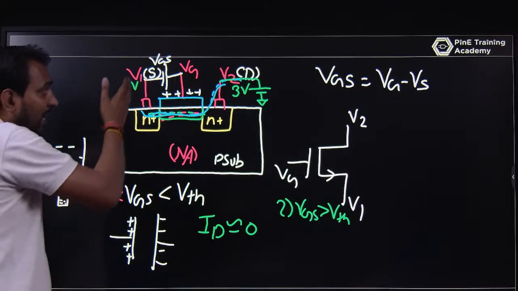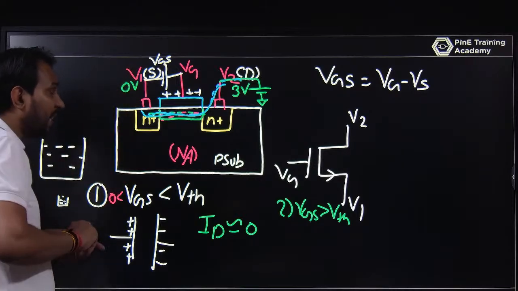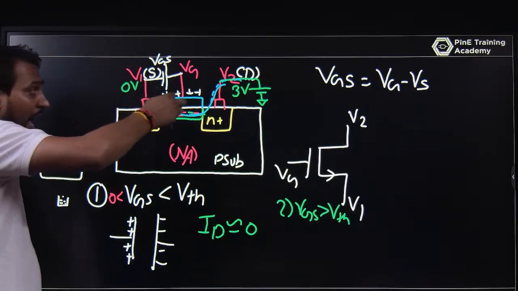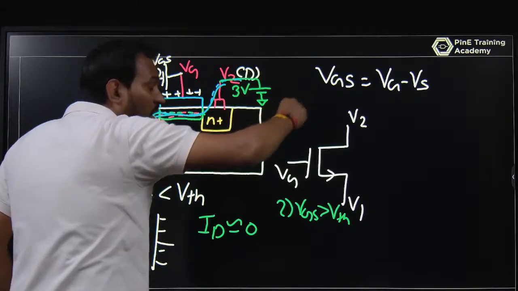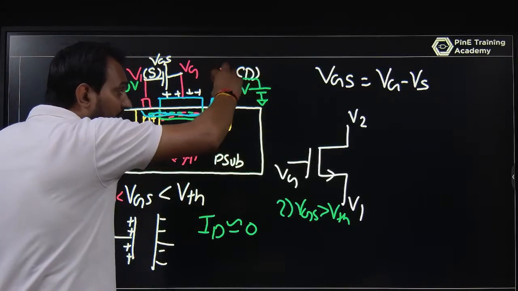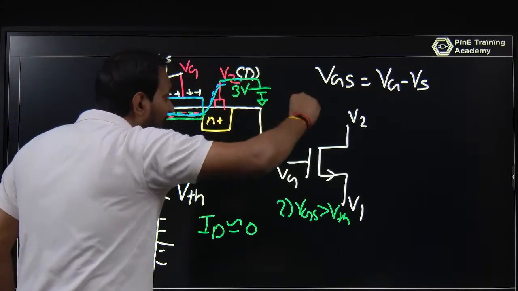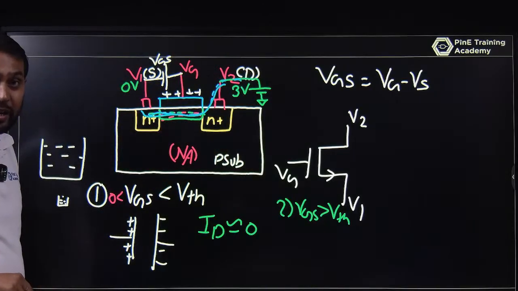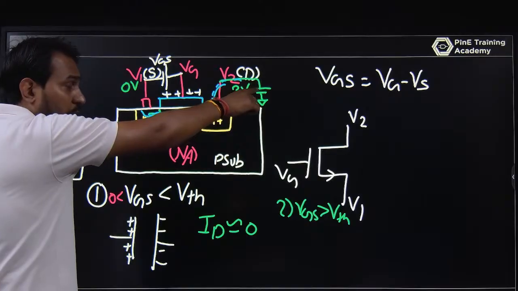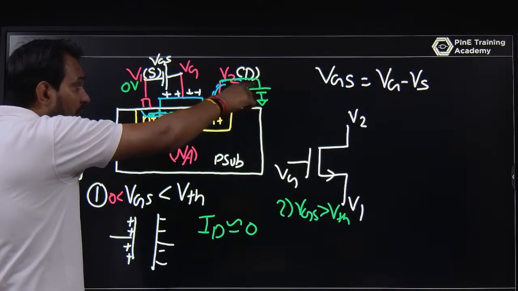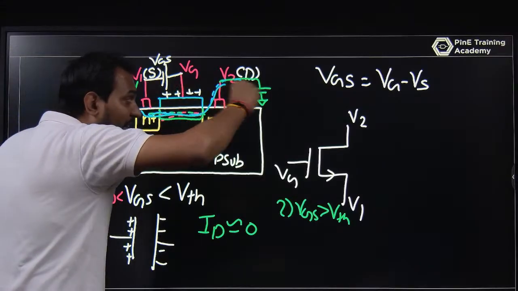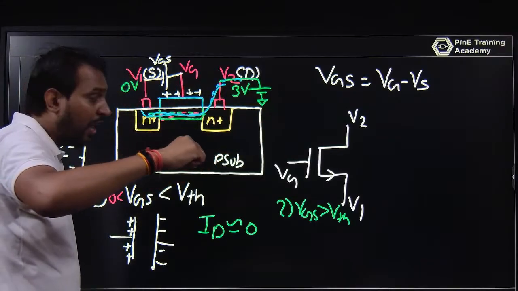So this path is sourcing the electron, and the V2 terminal is draining that electron. It is accumulating all the electrons and making the current flow, because this positive terminal is at a higher voltage than the other terminal.